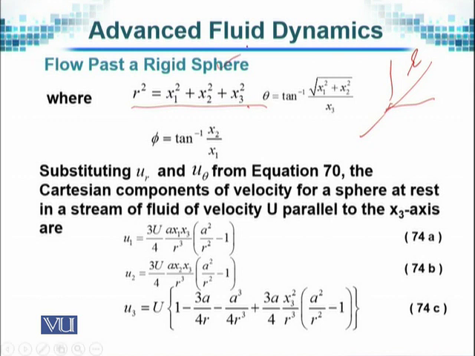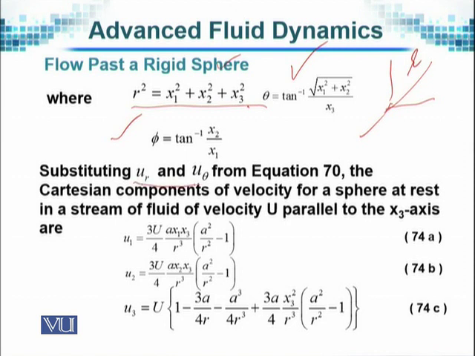This is a standard result that we know, and theta is equal to tan inverse of the square root of x1 squared plus x2 squared over x3, and the angle phi is tan inverse of x2 over x1.